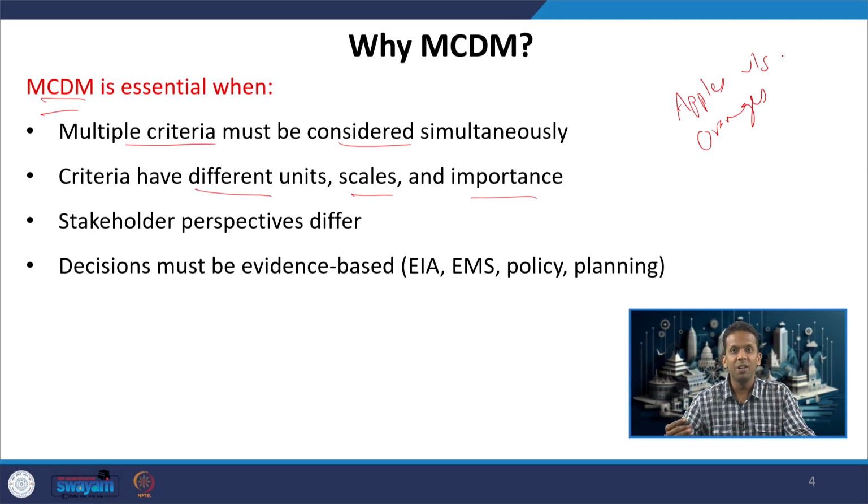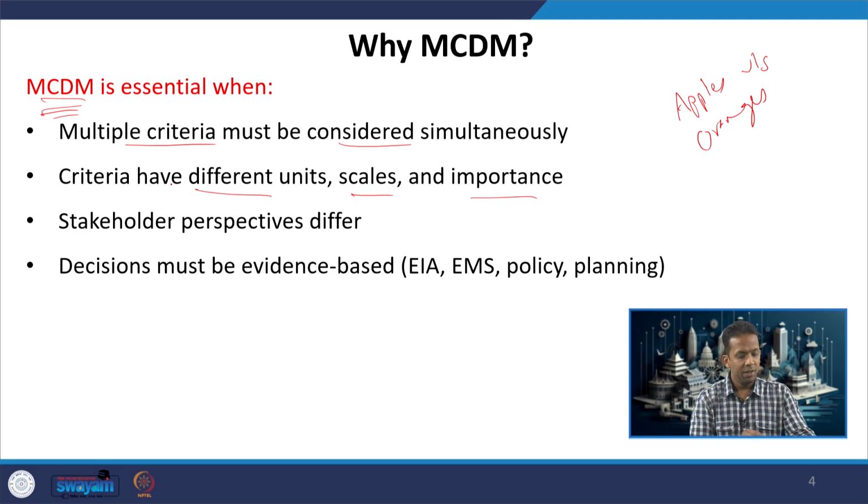If it is purely a mathematical problem of say addition or subtraction, maybe we won't be able to compare it, because 2 apples plus 2 apples can give us 4 apples, but 2 apples plus 2 oranges will always be 2 apples plus 2 oranges. It won't give us 4 apples or 4 oranges. We can call it 4 fruits, but that is the way things like this can be accounted for in multi-criteria decision making.